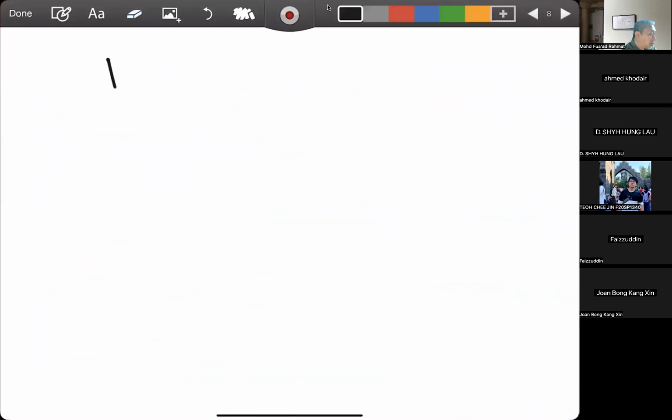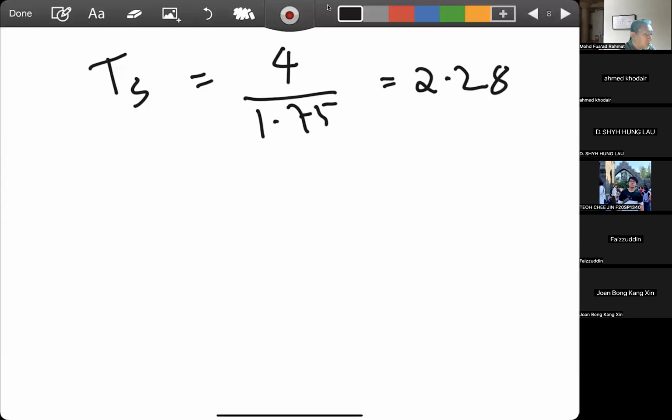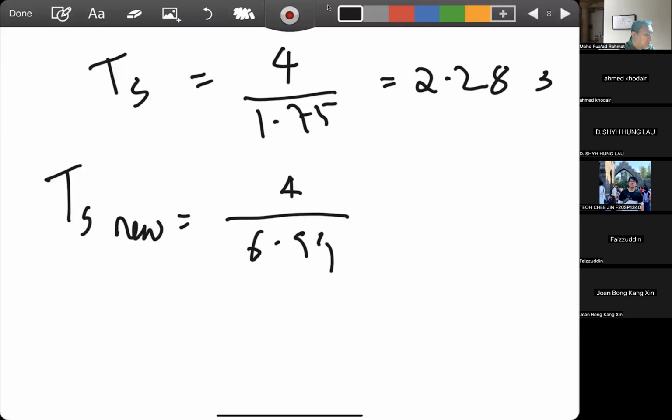We write the settling time of the old one, with zeta omega n of 1.75, which is 2.28 seconds. The new one, Ts new, is 4 divided by 6.99, which is the new zeta omega n, and will give you 0.57 second. So you can see that the new one will settle faster compared to the old one, okay?